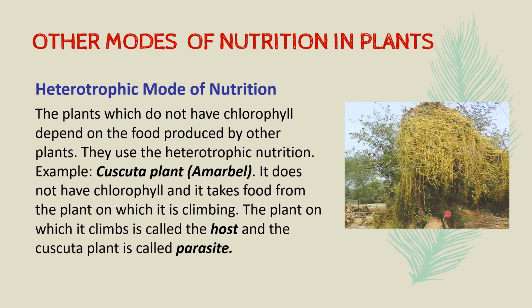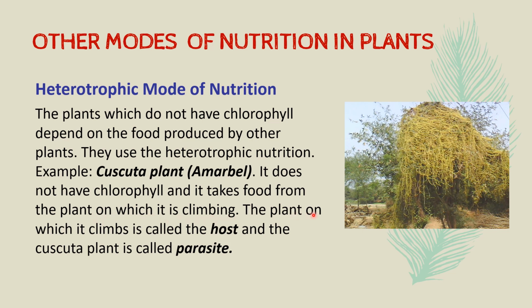That big tree is called the host, and the Cuscuta plant is called the parasite. So I am reading that sentence, just listen. Cuscuta plant does not have chlorophyll and it takes food from the plant on which it is climbing.